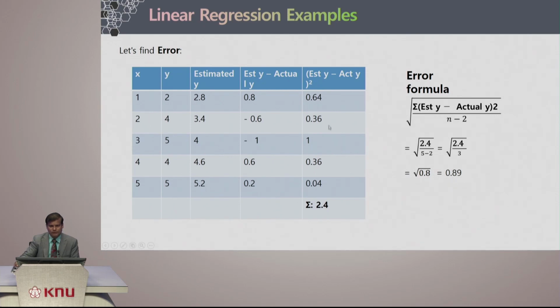In fact, you can also see here we are summing up all the estimated values minus the actual values, the whole power 2, so that we make sure there are no negative values coming up, and then eventually you are taking the root again. So that's one way to find the actual error for a given line.